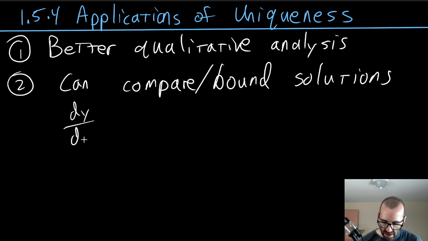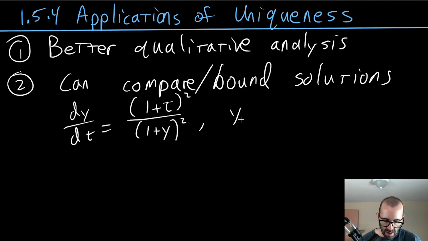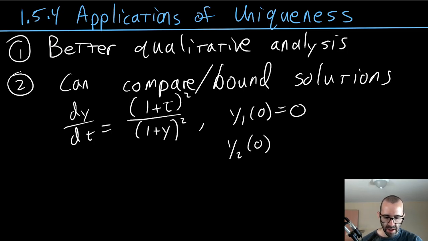Look at an example. If dy/dt is equal to (1 plus t squared) over (1 plus y squared), and let's say we have one initial condition where y(1) is equal to 0. Let's say we can have a different initial condition. Well, let's look at two problems, right?